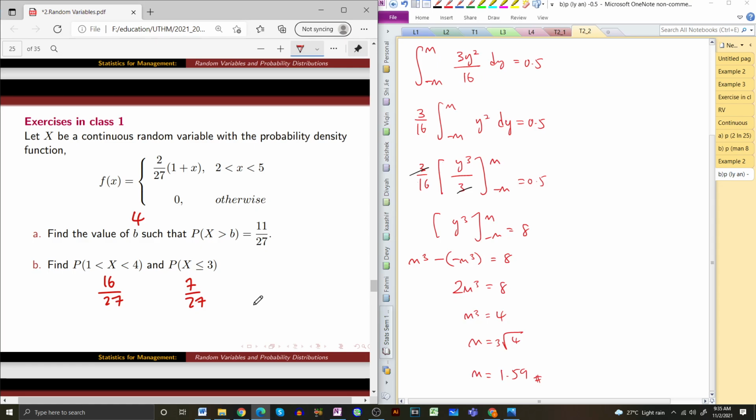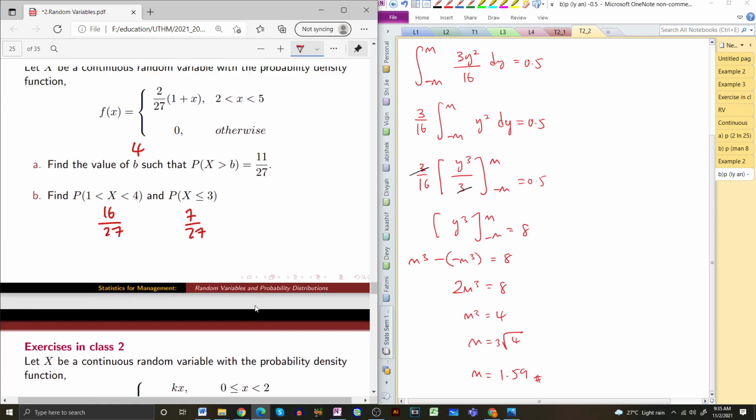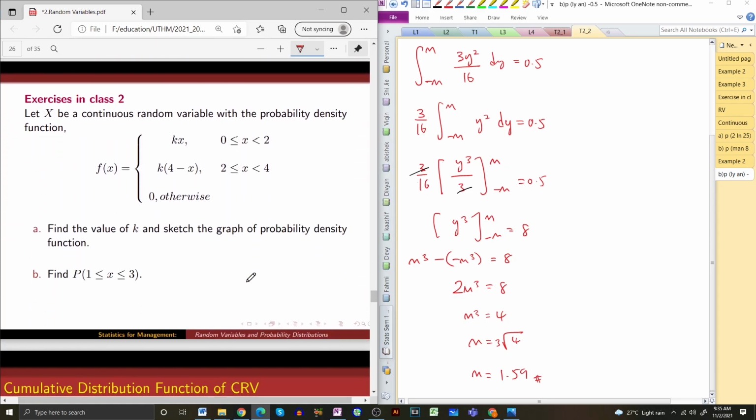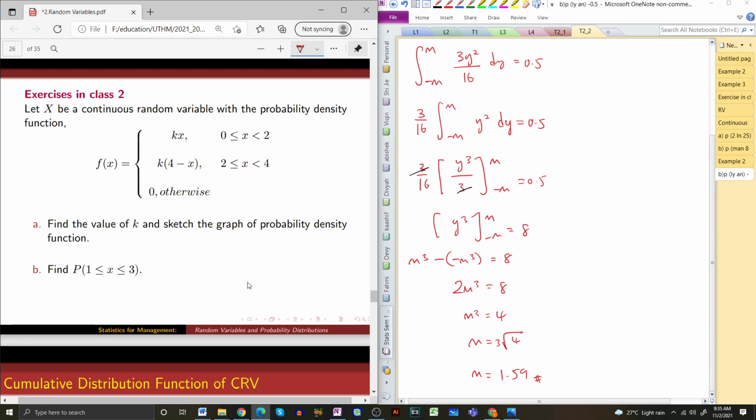And exercise in class 2, the answer would be 1 over 4. Sketch, no need. And this one 3 over.